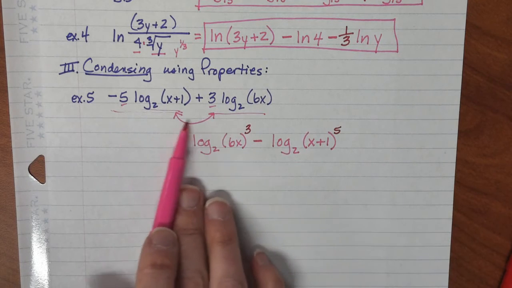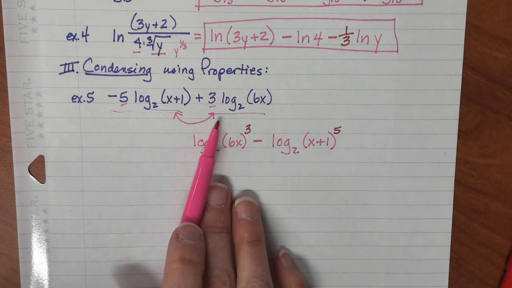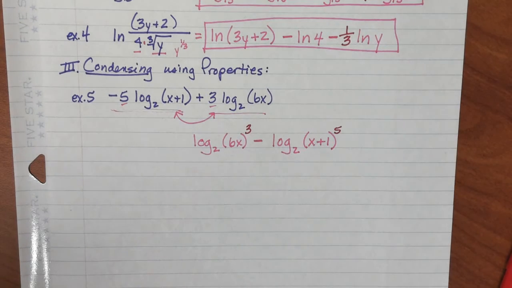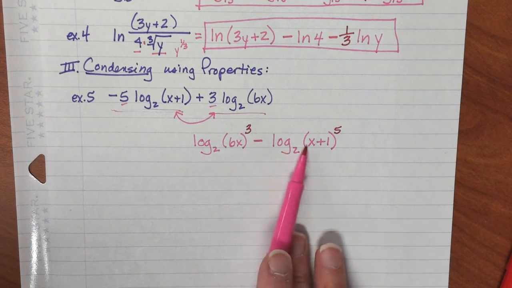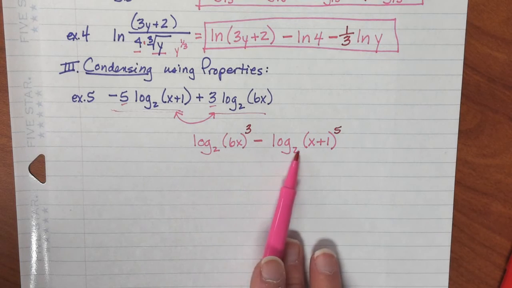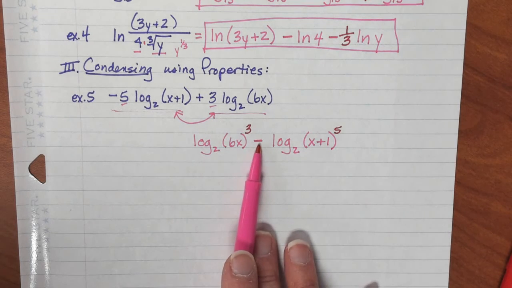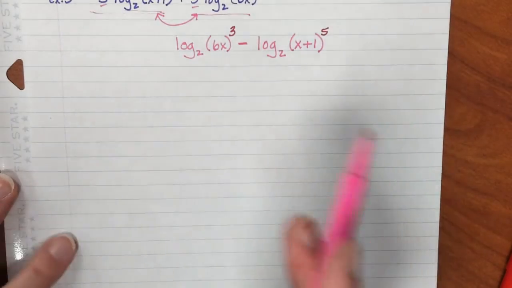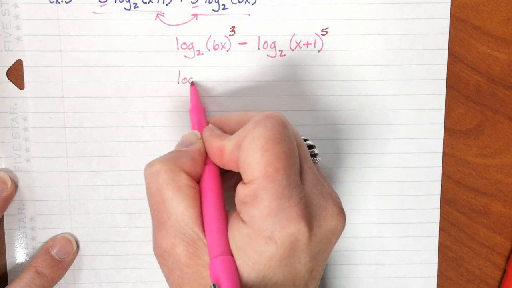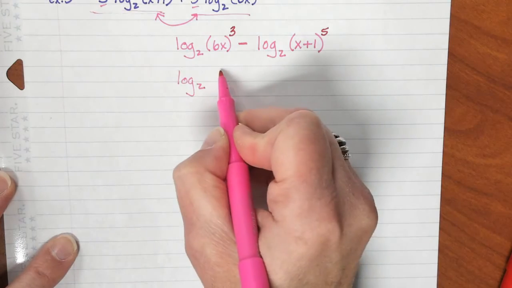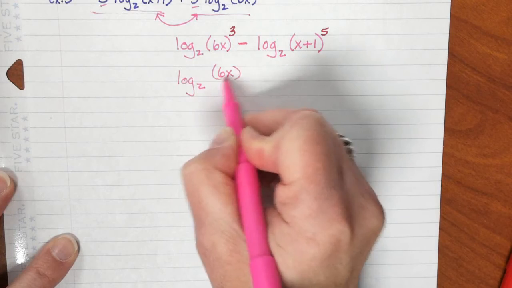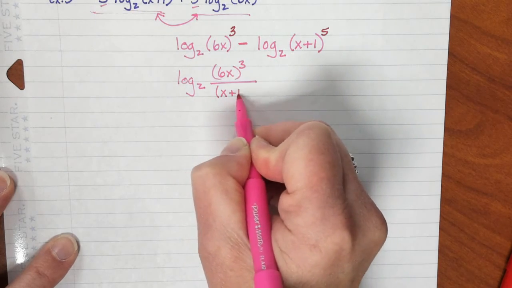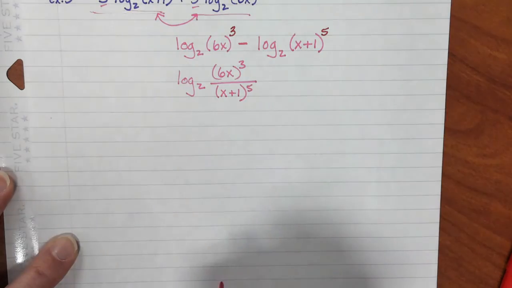I swapped the position and I used the power property to bring the exponents up. Now I simply have 2 terms with the same log base, and I'm taking the difference so I can combine them by division. So that becomes the log base 2 of the 6x to the 3rd divided by the quantity of x plus 1 to the 5th.